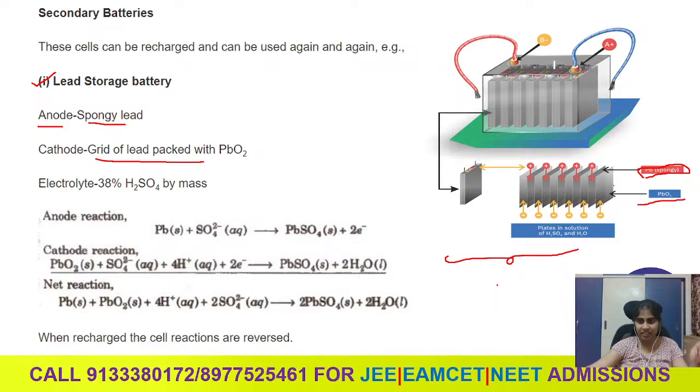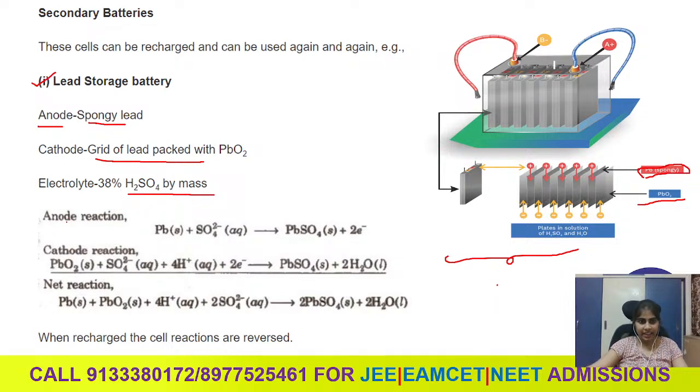The spongy one is the anode, and this PbO2 layer is known as the cathode. The electrolyte is 38% H2SO4 solution. Here you can see in between this cathode and anode we have the electrolyte, that is 38% H2SO4.